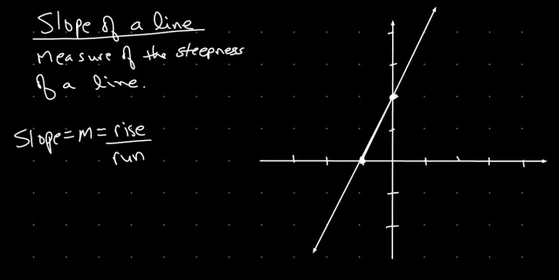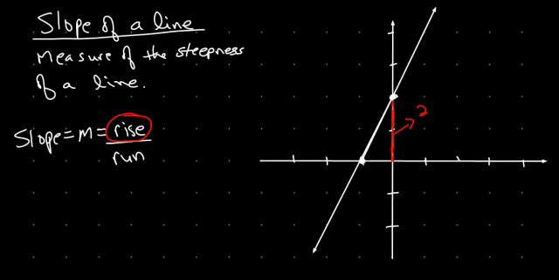Okay? We'll do the rise here in red. So let's go from one point to another point. To go from that point to this point, my rise is right here. So the rise is 2.